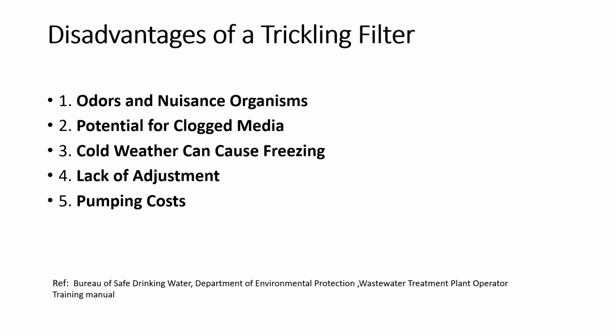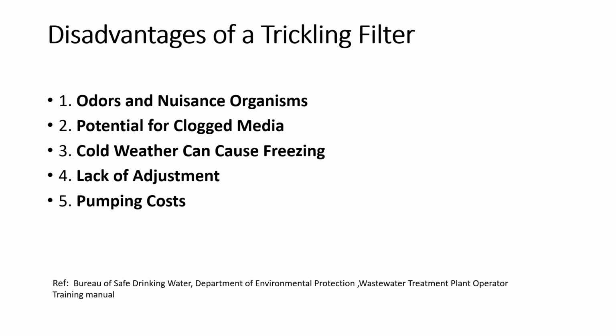So they can be a problem in the trickling filter system. And potential for clogged media: excessive sloughing of the media slime layer can cause portions of the media to become clogged. Weather can cause freezing. Icing of the distributor arm, orifices or spray nozzles is a common problem during winter months.